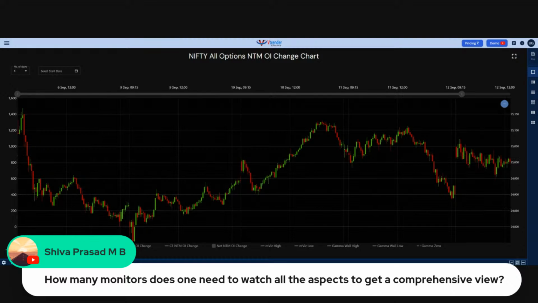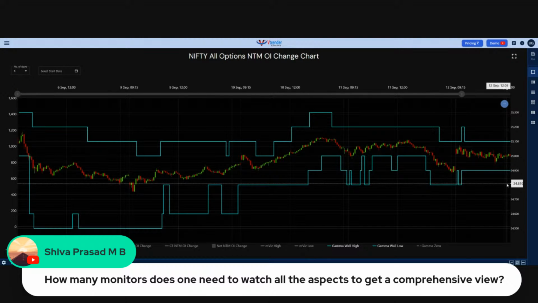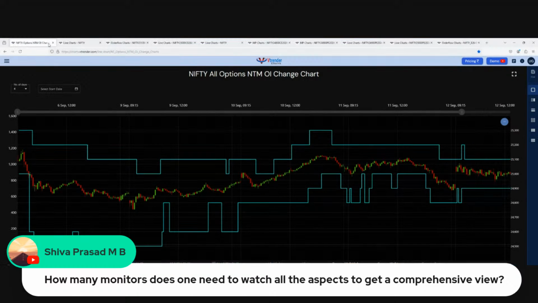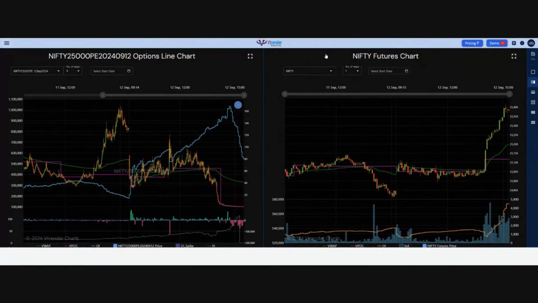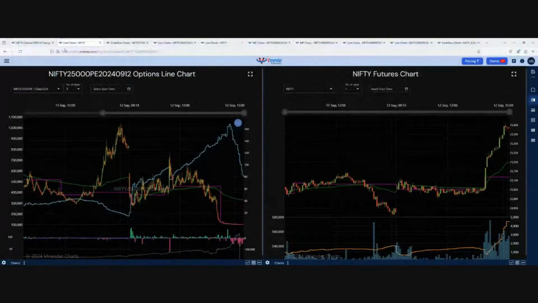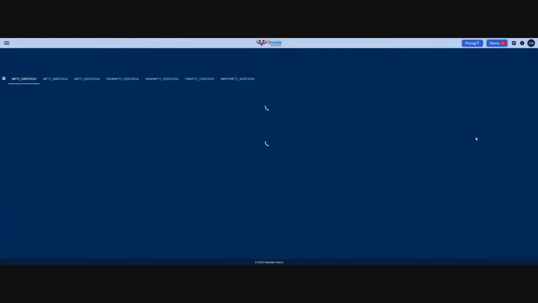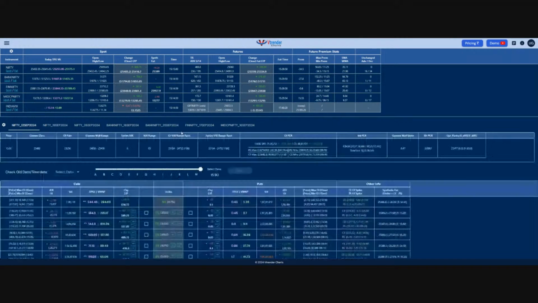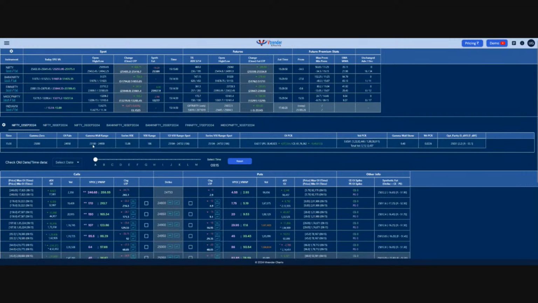This is the spot price, and then we have the gamma wall low and the gamma wall high. This is the spectrum range. This is what we saw in the option table at the start. If I go back to the options table, and the open of the day, we have 25,000, 25,100 as the gamma wall range.